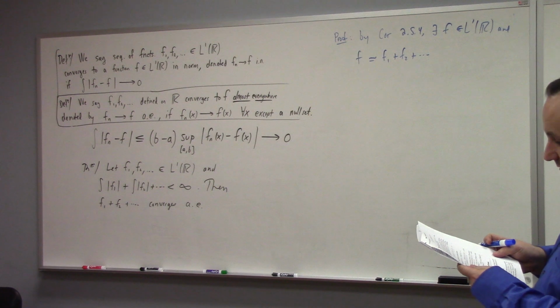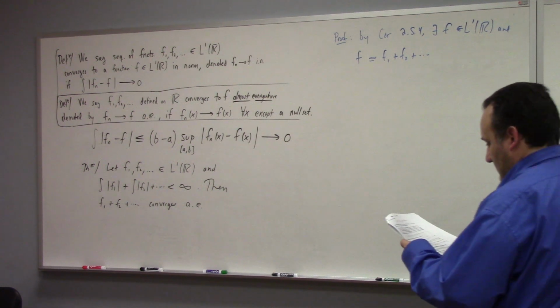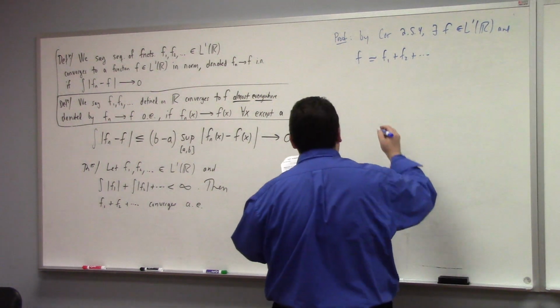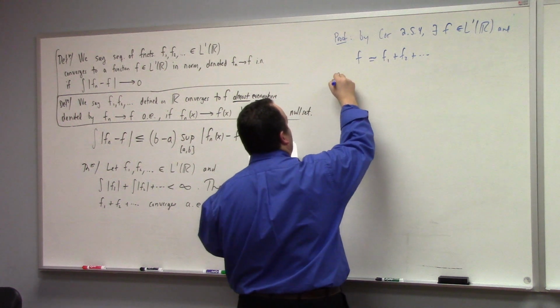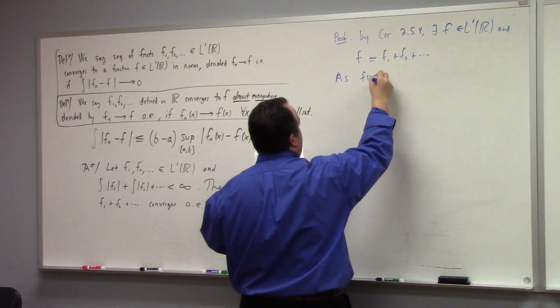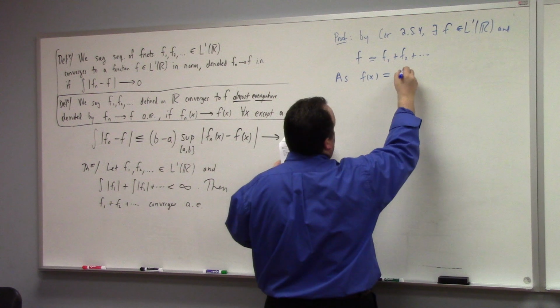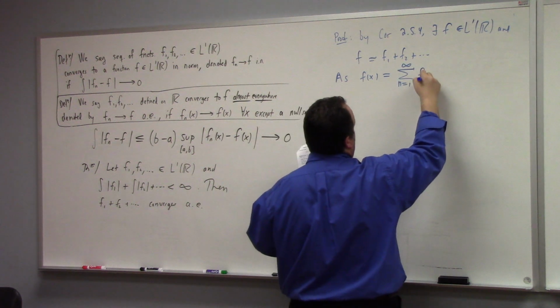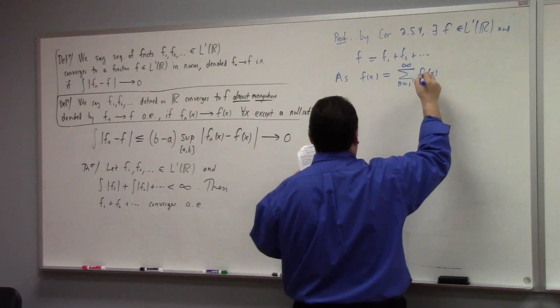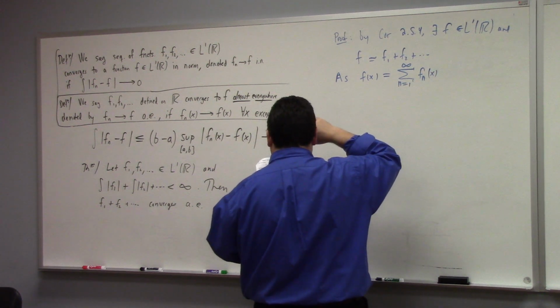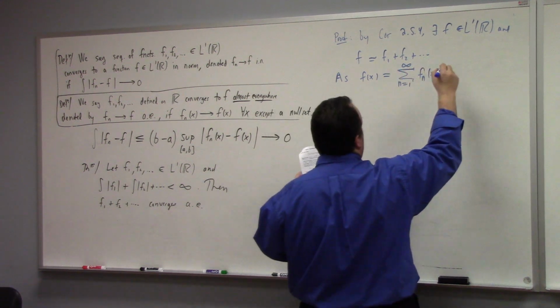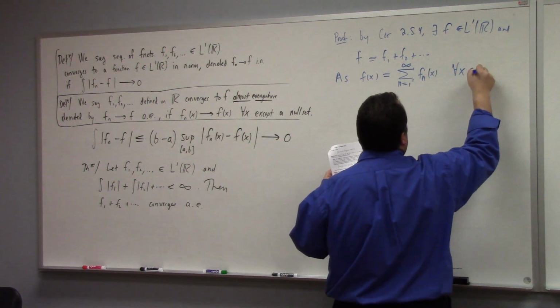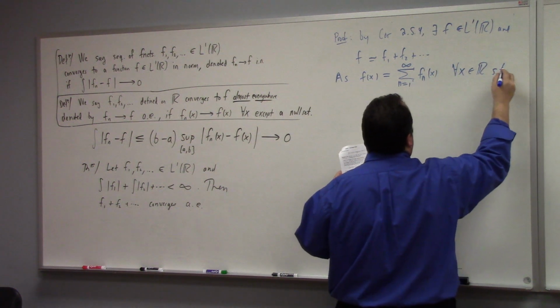Where was I? Yes. So he says, since, let's say, f of x equals the sum n equals 1 to infinity of f_n of x, for all x in R such that what?